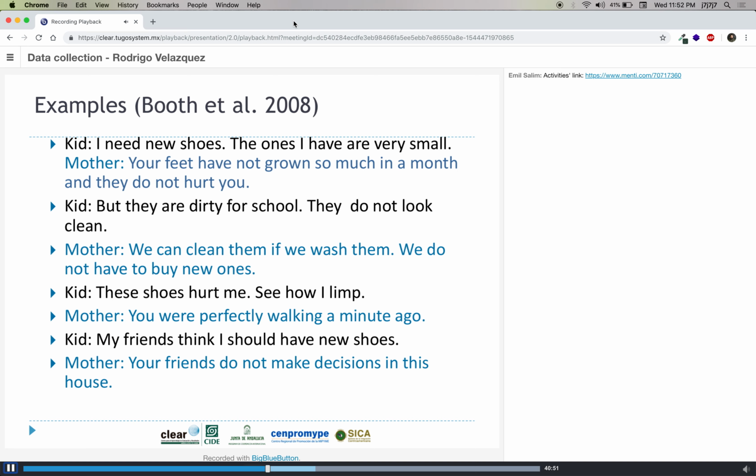But of course, they are not the ones who are going to make decisions, or they do not have the authority to decide if he needs new shoes or not. So this kid in this case is including his friends' testimonies, but they are not reliable because this is not reliable evidence concerning what wants to be achieved.